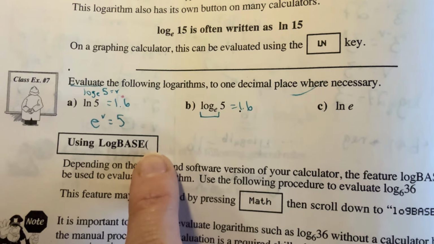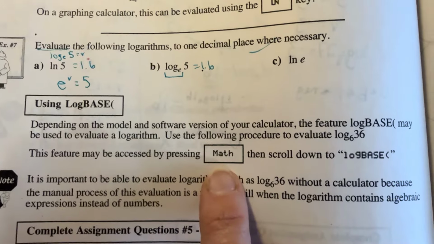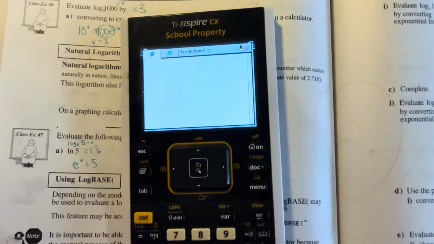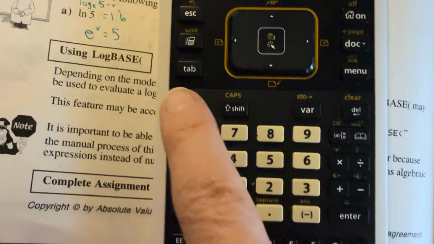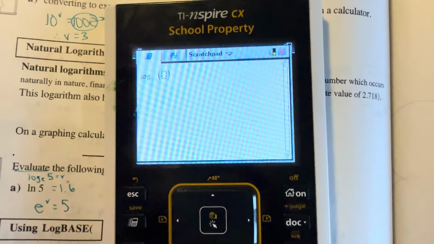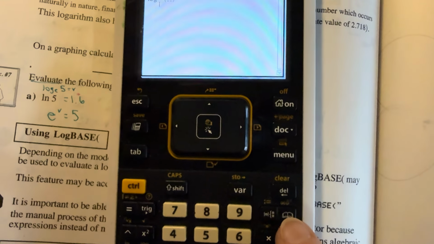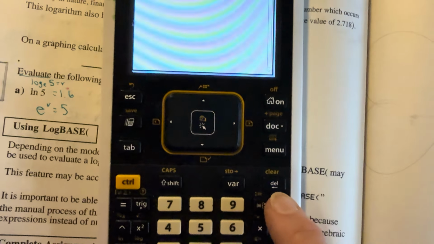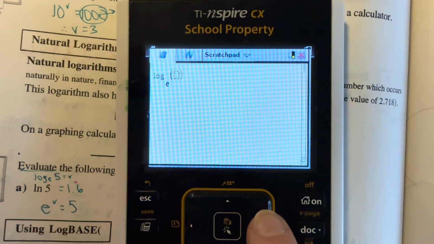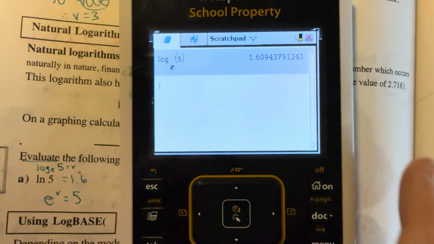So using this log base, these are the instructions if you've got the 84, 83, etc. If you've got the Inspire, you hit control and then go to log, this one. It'll come up like that. Then you need to put the little e in, which is if you go control and then the book, it gives you the option. So e, enter, and then go over to 5, and there's the 1.6.